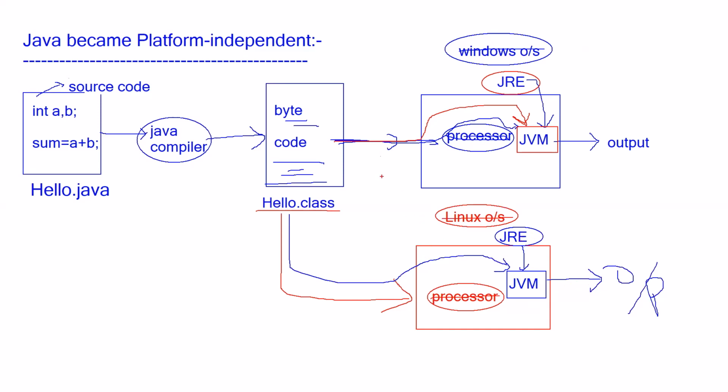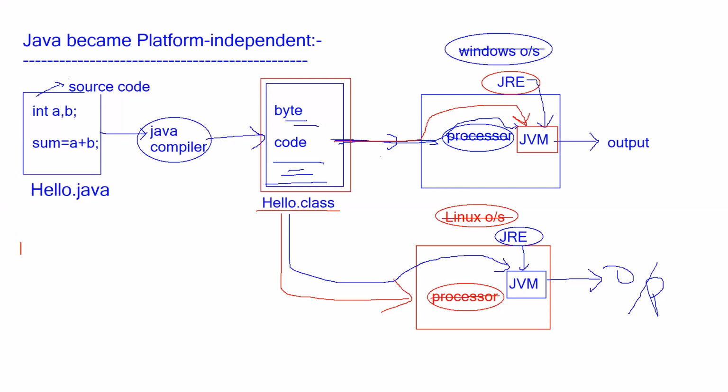So wherever you take this hello.class file, it can be executed on that machine if there is a JRE and a JVM present. So this is how Java became a platform independent language.